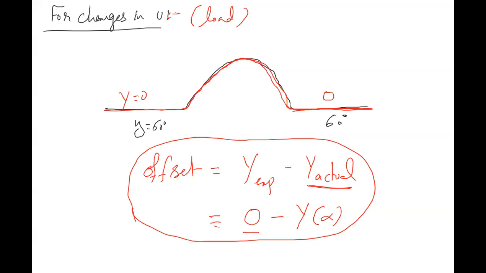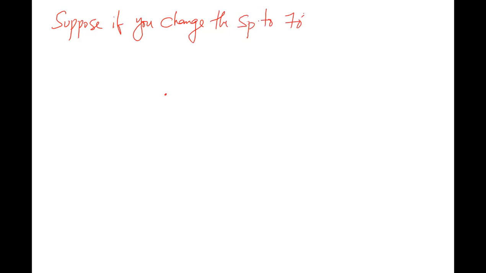Okay, so then the next point. Suppose you change the set point to 70 degrees, that means your small x is 70 degrees. Then what is capital X? 10 degrees. Then what happens? Your small y is 60 degrees.